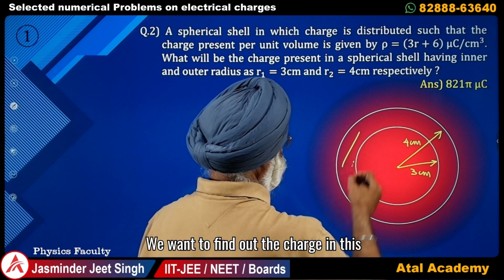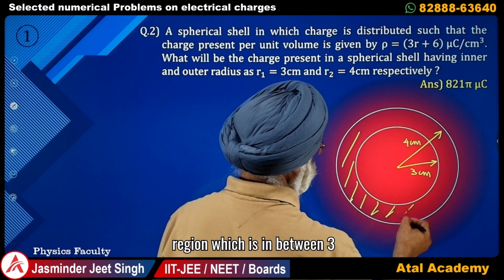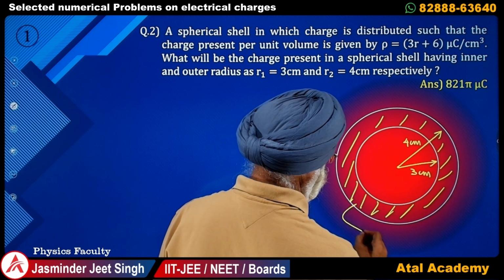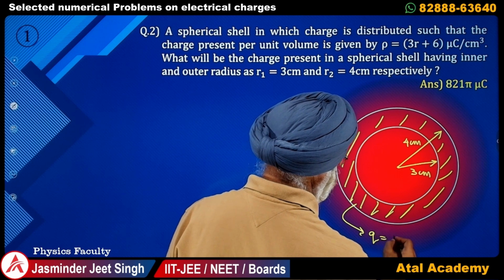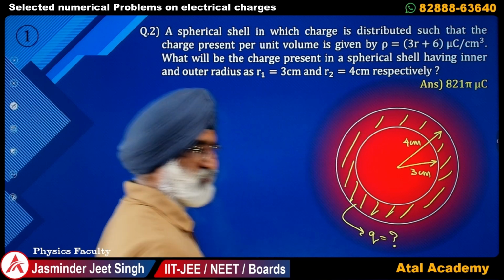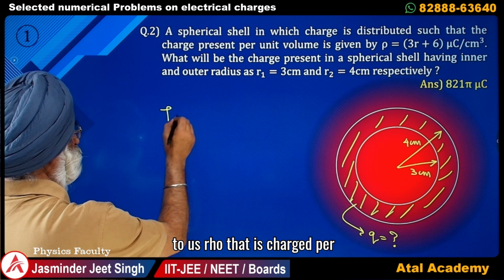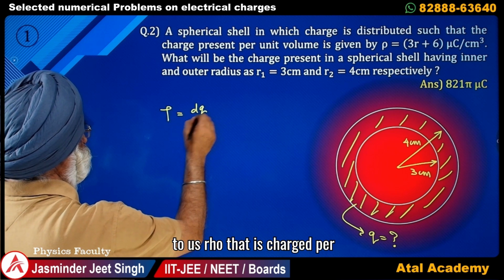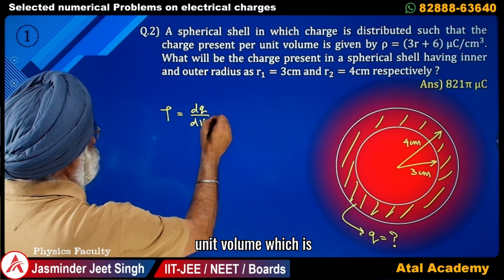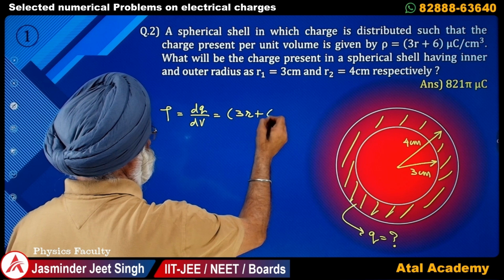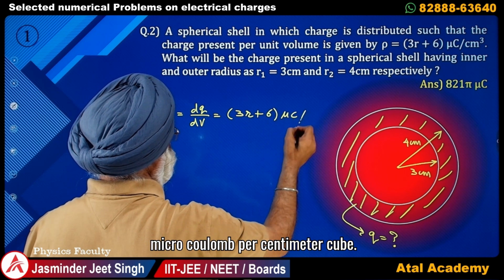We want to find the charge in this region between 3 and 4 centimeters. And what is given to us? We are given rho, that is charge per unit volume, which is 3r plus 6 microcoulomb per centimeter cube.